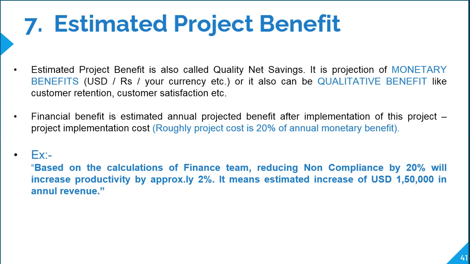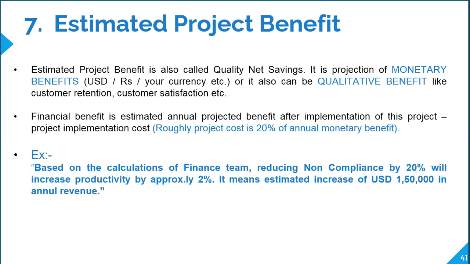So how do we calculate the financial benefit? It's the estimated annual projected benefit after implementation of this project, minus the project implementation cost. Once we're done with the project, whatever improvement we are going to achieve, we are going to share it with the finance team.